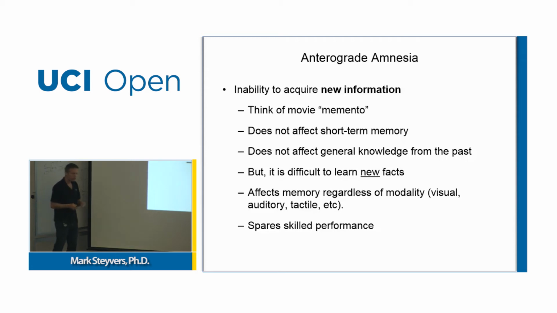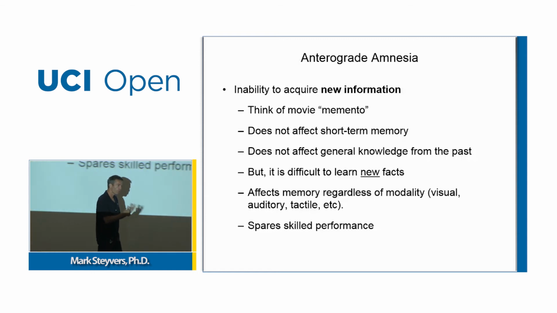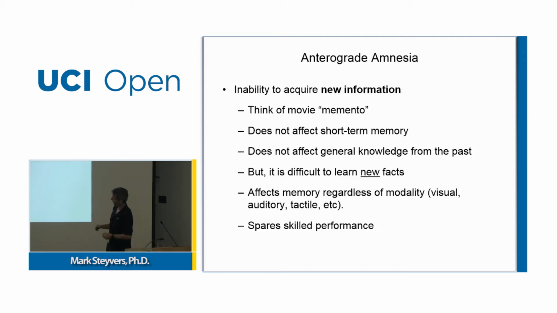Now, anterograde amnesics can hold on to information in their short-term memory, so they can rehearse phone numbers, but at some point it's gone. It can't be transferred to long-term memory. It does not affect general knowledge from the past, so they can retrieve facts generally, but it's difficult to learn new facts.